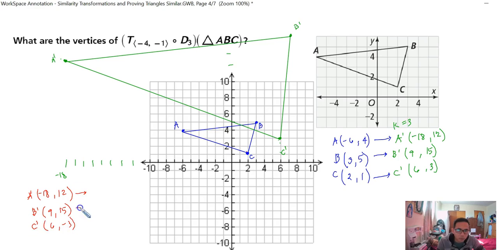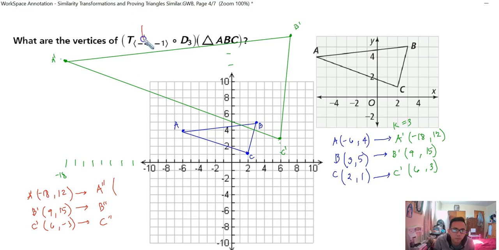Now to get our double prime here, we have to apply the translation. A double prime, B double prime, and C double prime. So the translation is that your x, you subtract it with negative 4. Because it's negative, so you subtract it with negative 4.